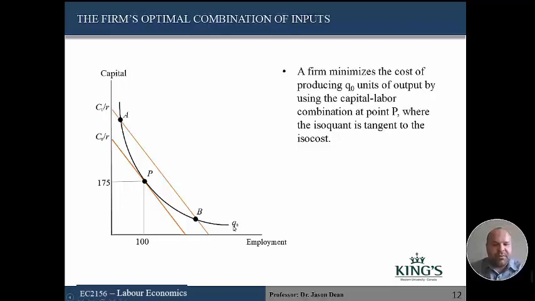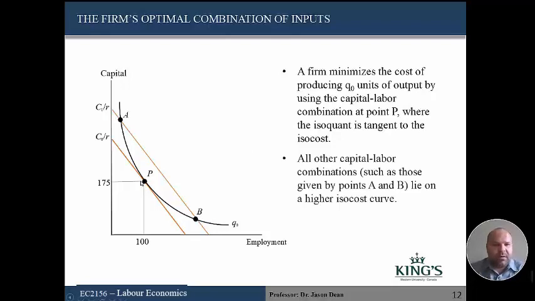It wants to produce that with minimum cost. So we want the lowest ISO cost line that is tangent to Q0, because that's what we want to produce, but we want to do it at the lowest cost. Remember, if you go in the southwestern direction, the overall costs are falling, so we want the lowest one that is tangent to the isoquant.